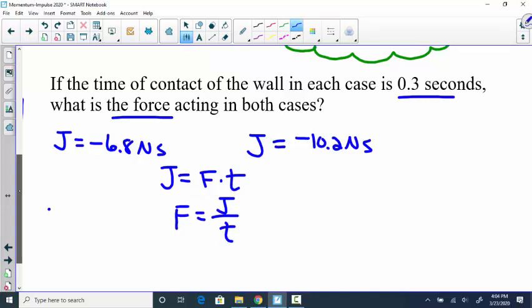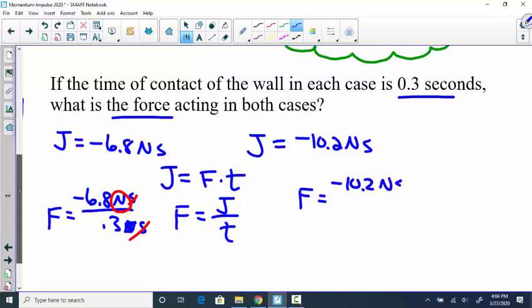So over here, the force would be negative 6.8 Newton seconds divided by 0.3 seconds. It's going to cancel out my seconds and give me newtons as my force. And then over here, my force is negative 10.2 Newton seconds divided by 0.3 seconds.